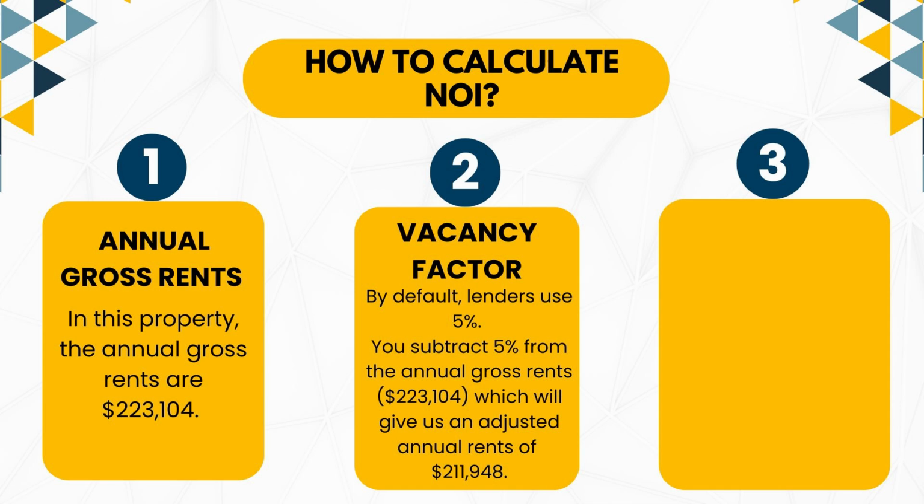So we take 223,104 of annual gross rents, subtract 5%, and that will give us adjusted annual rents of $211,948. These are the numbers so far.